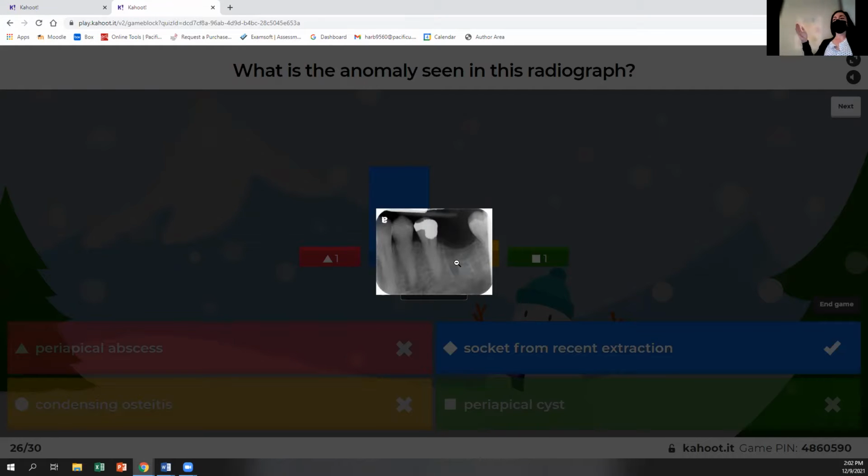If you see a change in the bone and don't know that a tooth was extracted, you might wonder, what's happening with their bone? Why is it radiolucent? But if you understand what you're looking at, you'll say, oh, that's where their recent extraction took place. That's the whole part of reading x-rays and understanding what you're seeing, and that's why they're calling it an anomaly. It's not like something weird grew. You're just seeing the evidence of something that happened in their mouth.